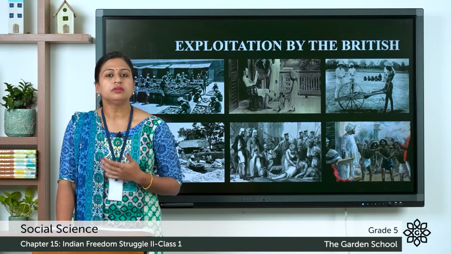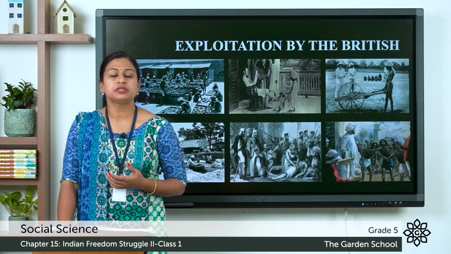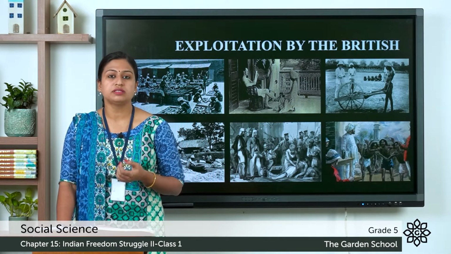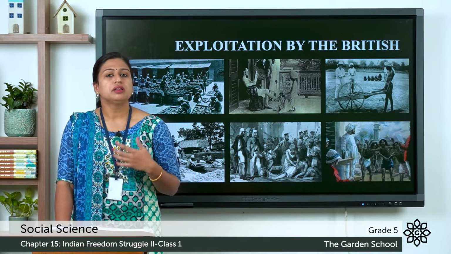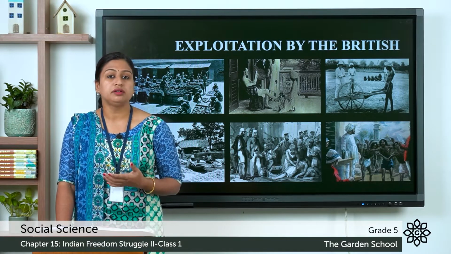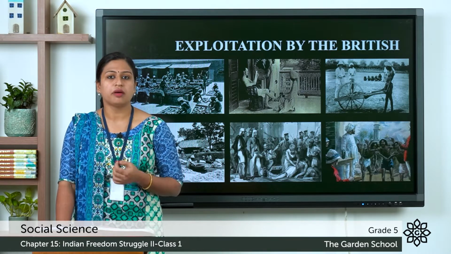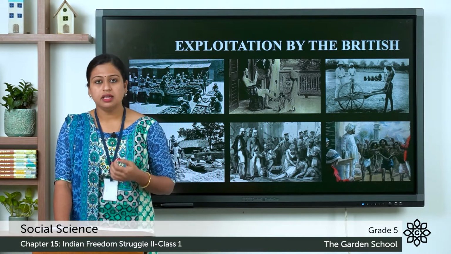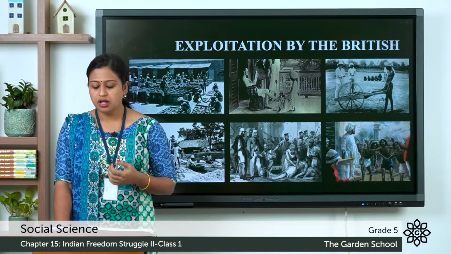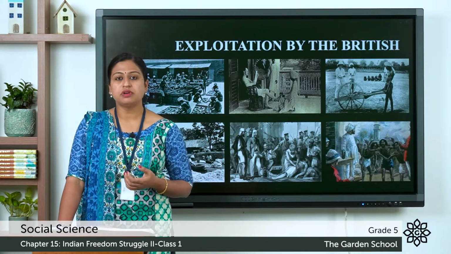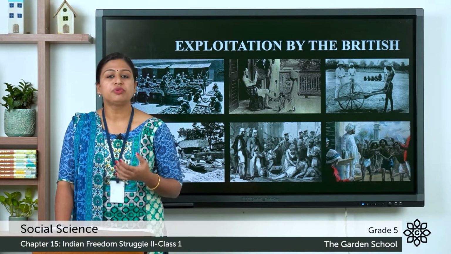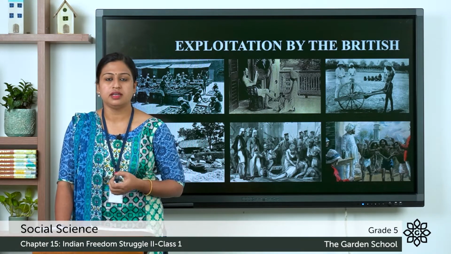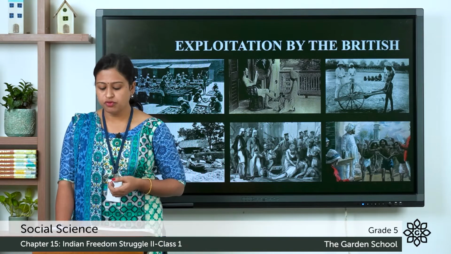And we have also discussed that the Britishers introduced modern Western education in India, and with this education, the people of India started to think about their freedom from the Britishers. And in the year 1800, many social reformers urged Indians to work towards improving the condition of the society, especially the condition of women.